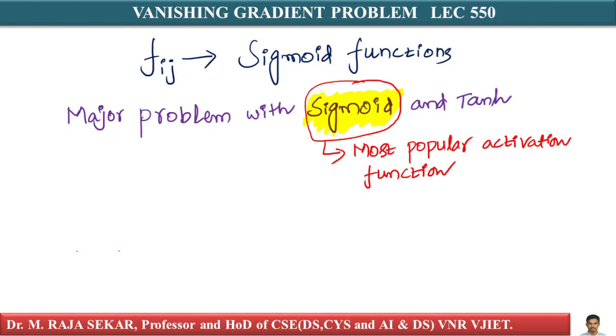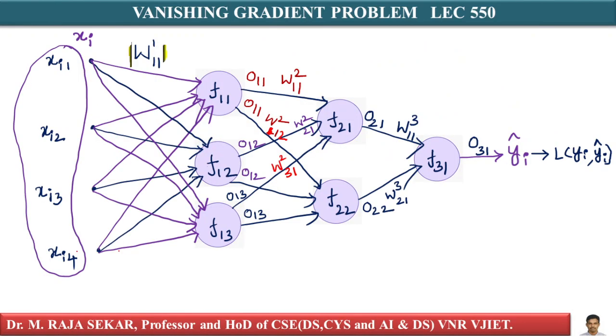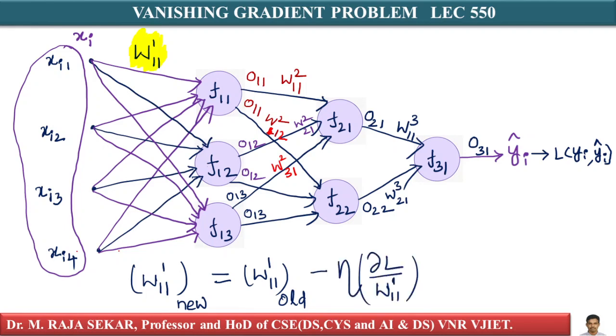Suppose you want to update W11, to update this weight. How can I update? W11 new equals W11 old minus eta into dou L by dou W11, isn't it?